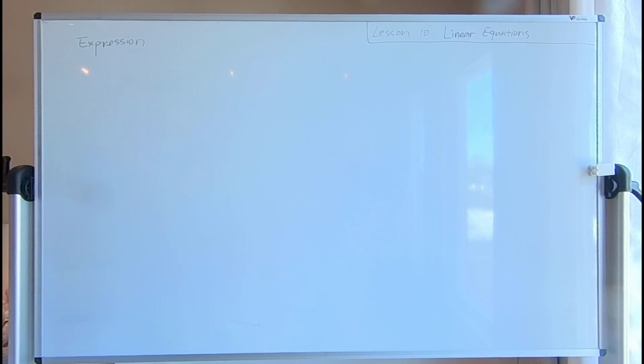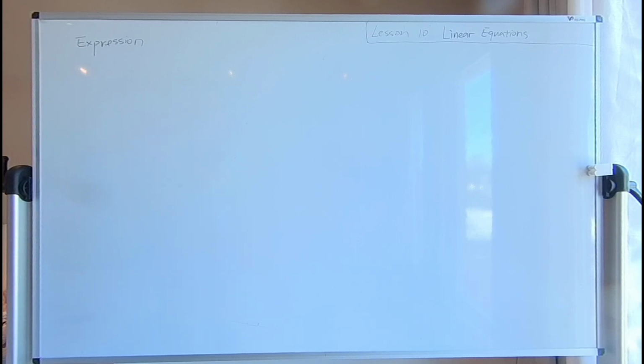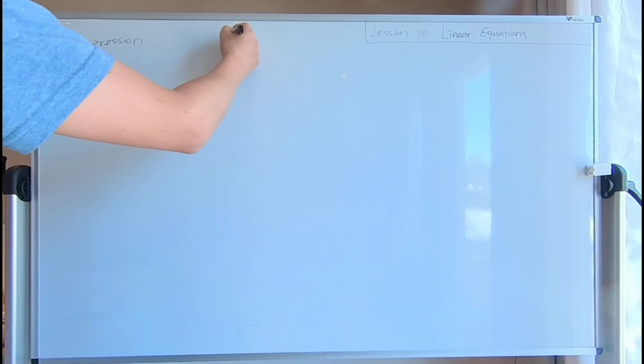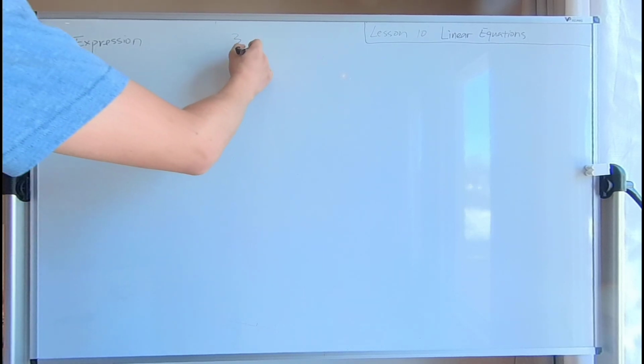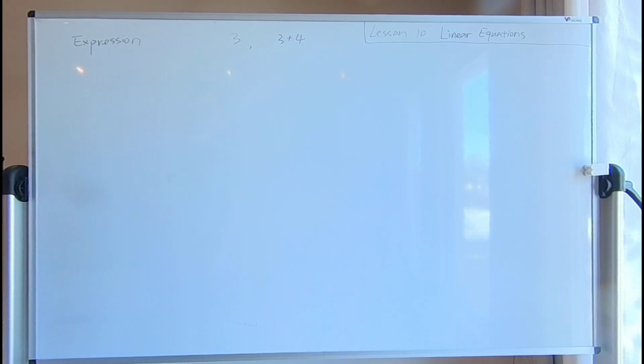So expression, I think we have heard this many times. When we write down numbers and a combination of numbers, we sometimes call this an expression. Because when we just write down a single number, it's really just a single number. But if it is a combination of numbers and operations, then I can claim that this is an expression.